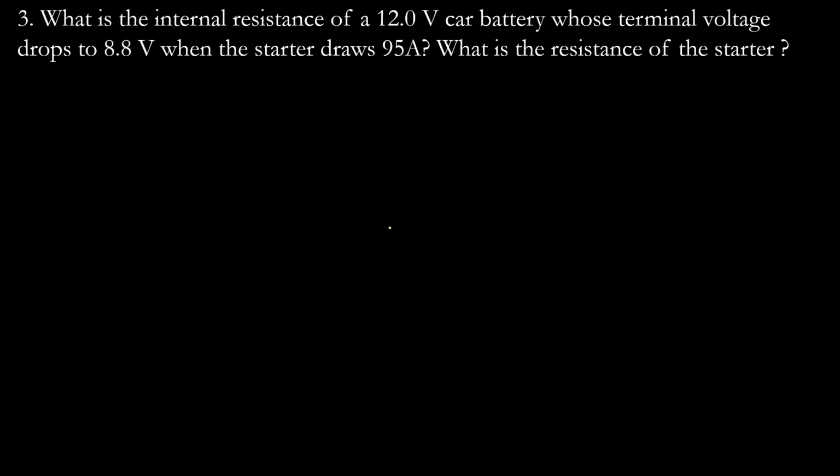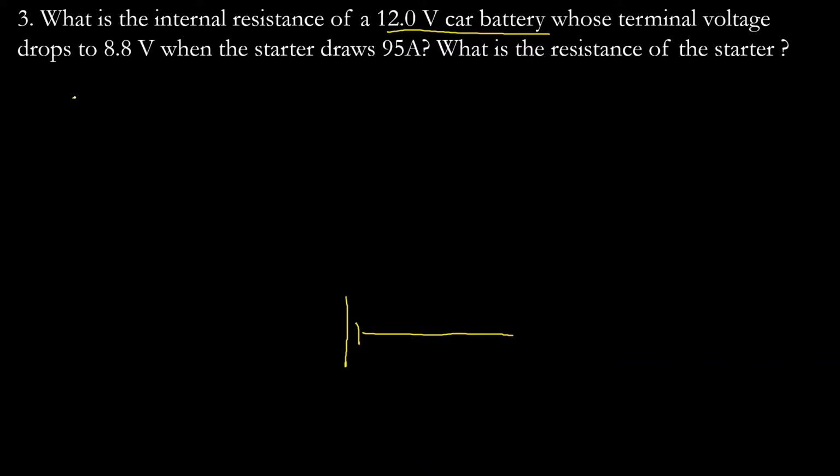So in our last problem, we have a car battery which is 12 volts. So let's draw the car battery first. So this is my car battery. They say that it is a 12 volts car battery.